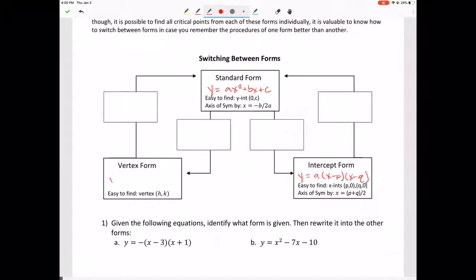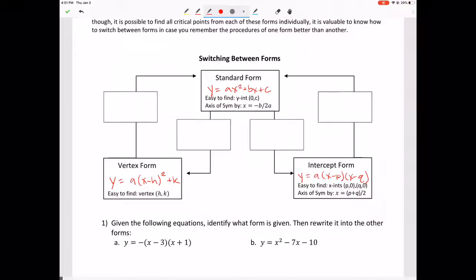And vertex form is y equals a times (x minus h) squared plus k. Those are the three forms, and if you haven't memorized these, it's about time.